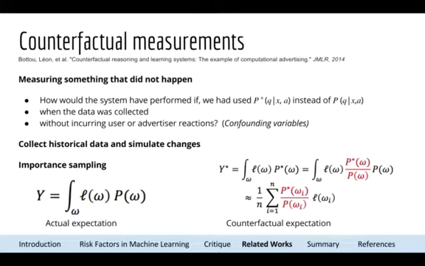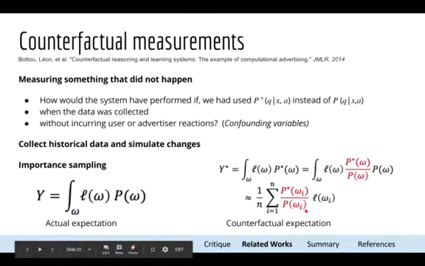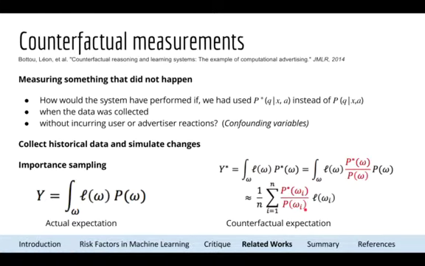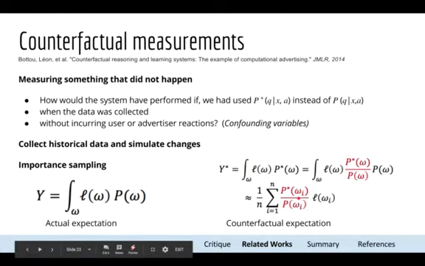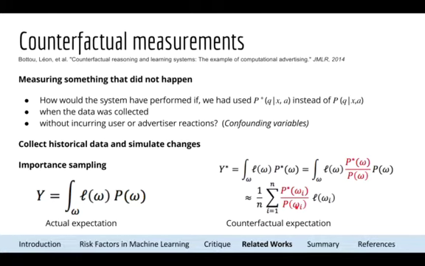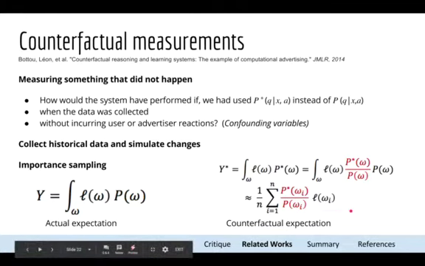Notice that we do not know the distribution P star, but we know the distribution P. We approximate Y star by sampling from P, reweighting each sample by the weight given by P star upon P. This ratio is just the factors appearing in P star but not in P divided by the factors appearing in P but not in P star. For a comprehensive analysis of counterfactuals, one should look at the cited paper.